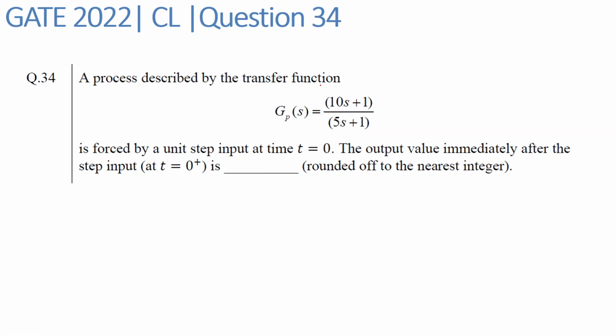So in this question also we have been given G(s) and a unit step input, and we have been asked to find the output value immediately after the step input. Since we have to find this initial value, we will use the initial value theorem to find the desired value.